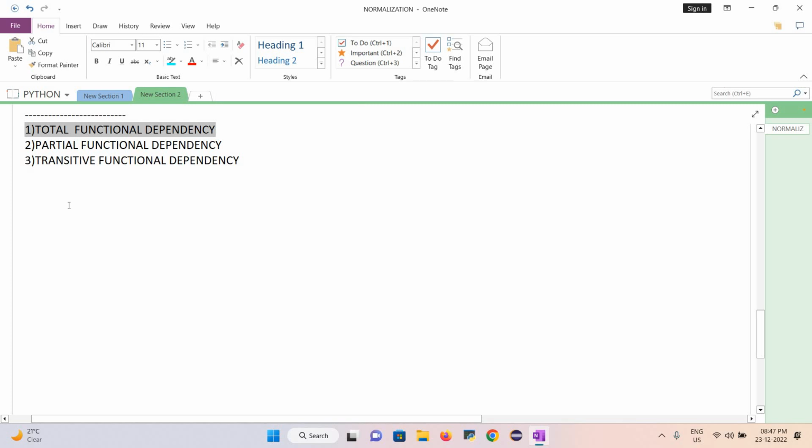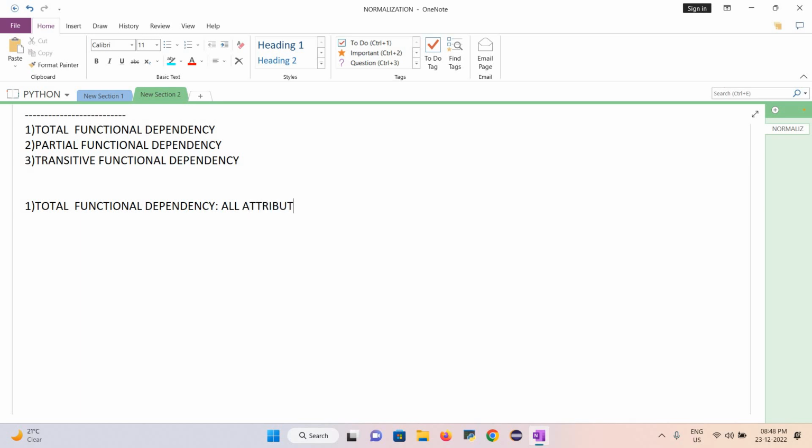What does it mean? Yes, I just made a copy, and I would say this is a very simple definition to understand. So all attributes are depending on one attribute.